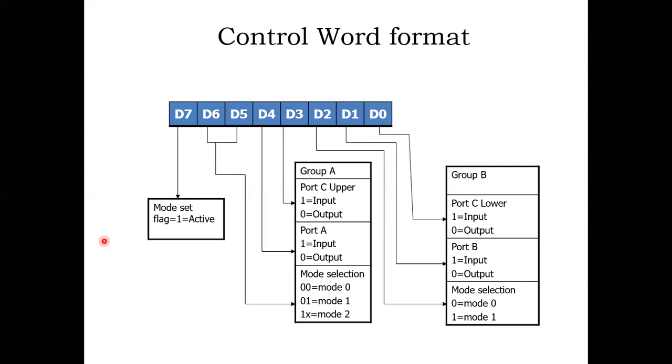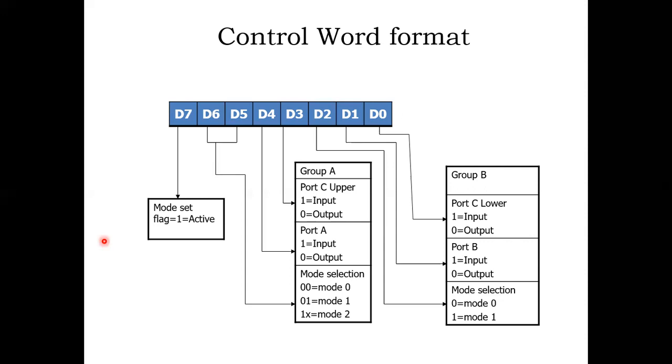Next, port B: if D1 is equal to 1, it acts as input, that means it can access data from external devices. 0 means output. Then mode selection: 0 is mode 0, 1 is mode 1. Group A, port C upper: 1 is input, 0 is output. Next, port A: 1 is input, 0 is output.